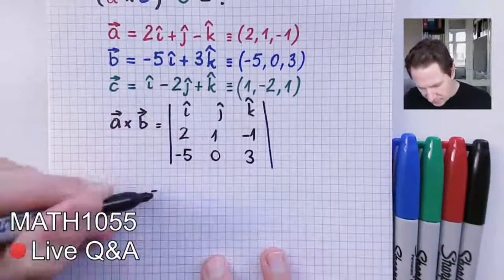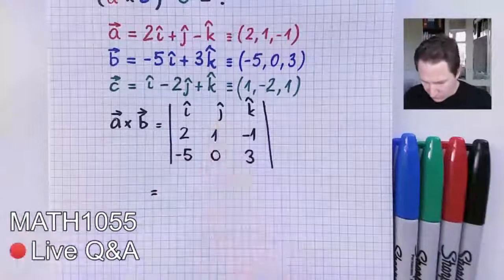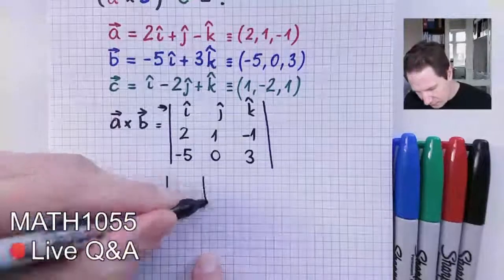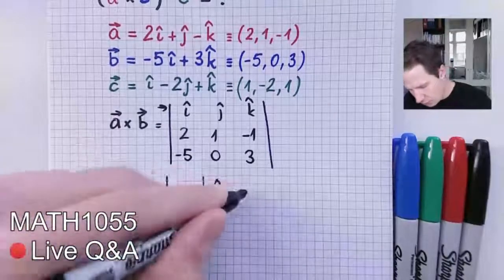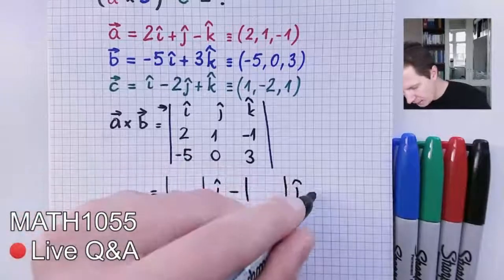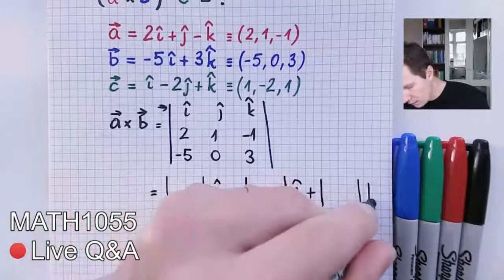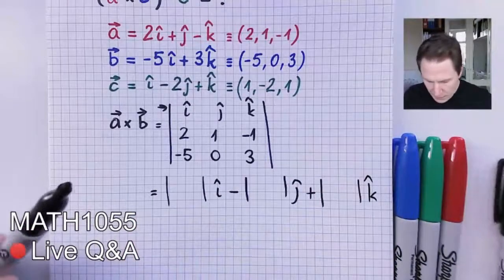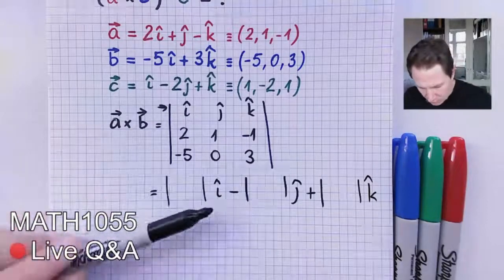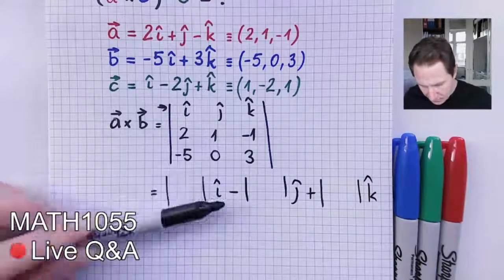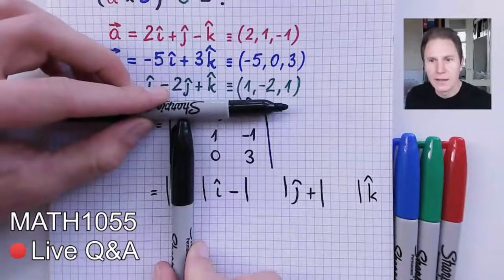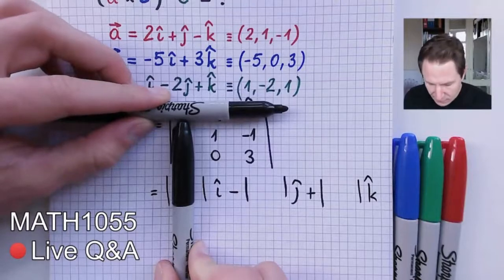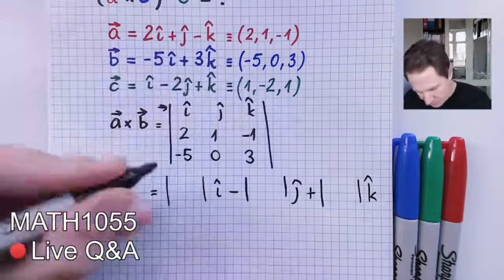If you expand this determinant in the first row, you get a linear combination of i hat, j hat, and k hat with alternating signs and these 2 by 2 determinants. The way you read off those determinants is, for i hat, you cover its row and column, and you look at the 2 by 2 determinant that is left, that you can still see. So it's 1, -1, 0, and 3.